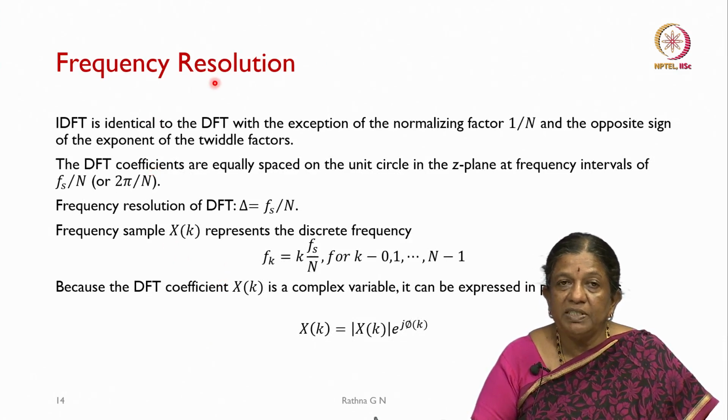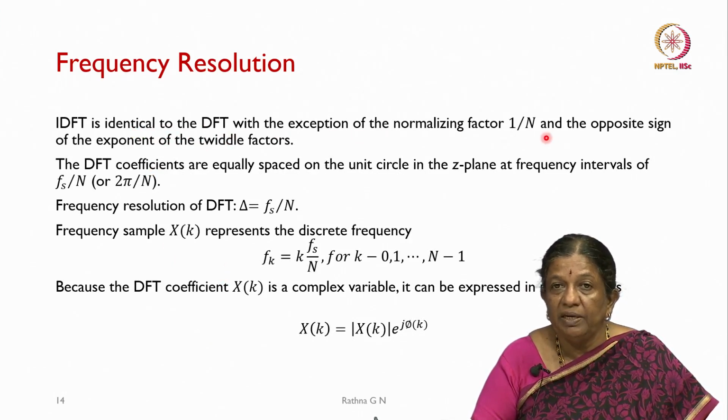So, what is the frequency resolution in this case? We said it is identical to DFT with the exception of the normalizing factor 1 by n and the opposite sign of the exponent of the twiddle factors.